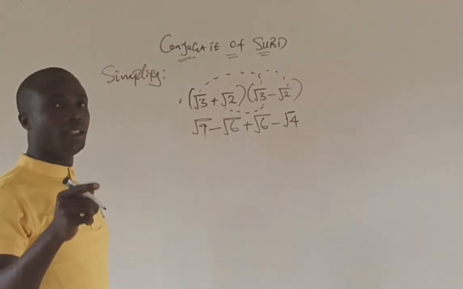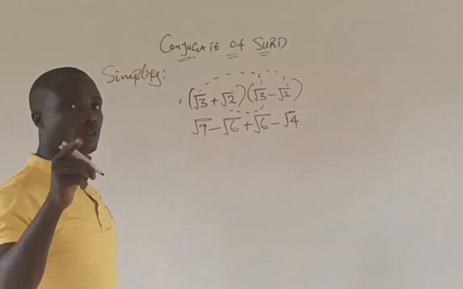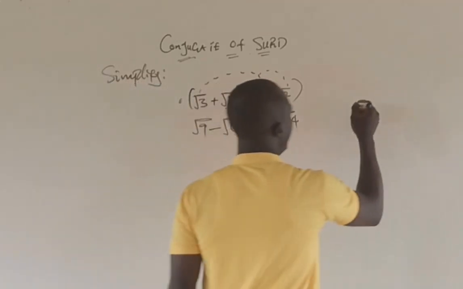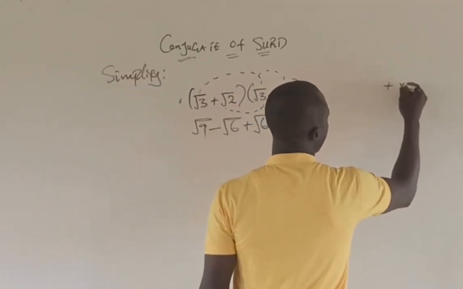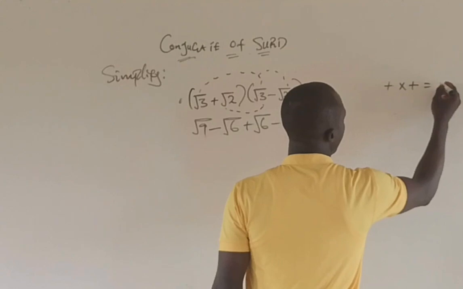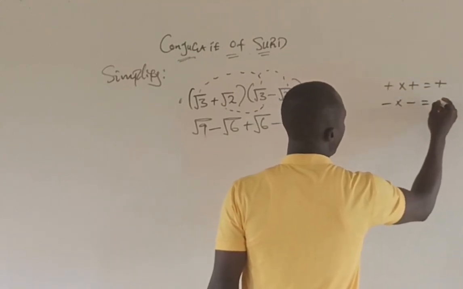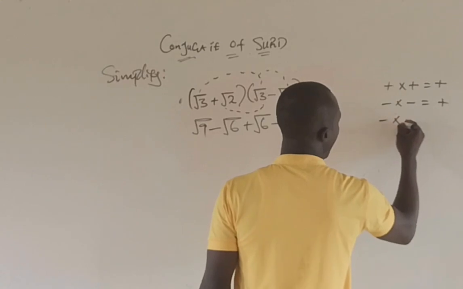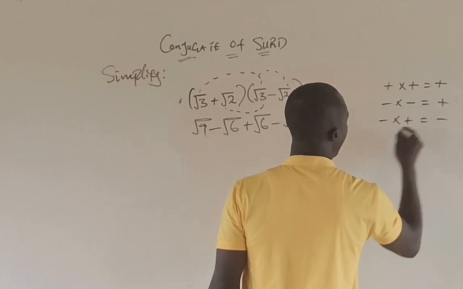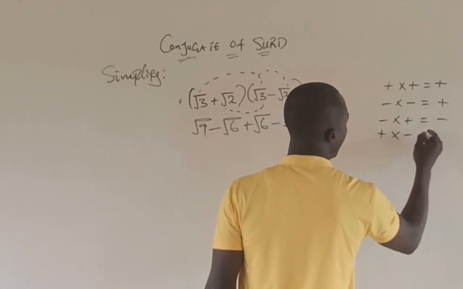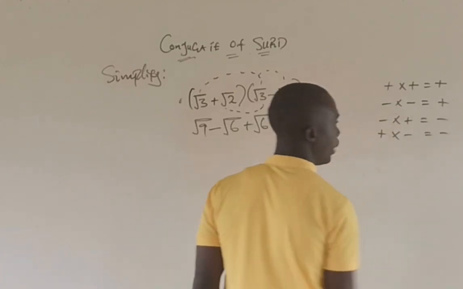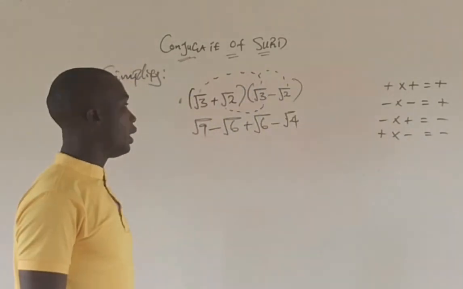Now, don't forget, in expansion of brackets, you have to always carry the multiplication rules along. Now, what are we saying here? We have plus times plus equal to plus. Minus times minus equal to plus. Then minus times plus equals to minus. Then plus times minus equals to minus.